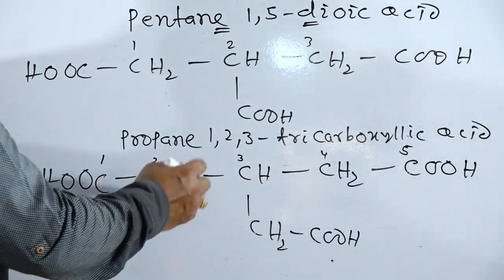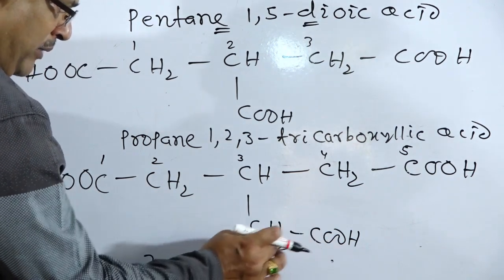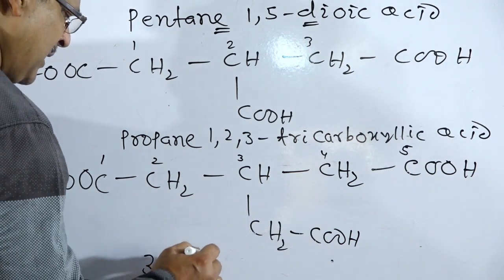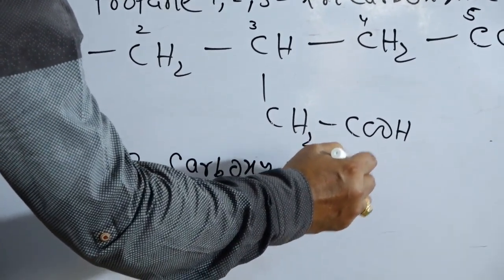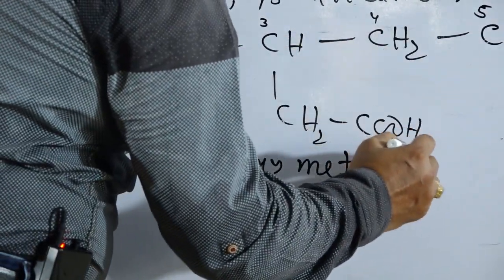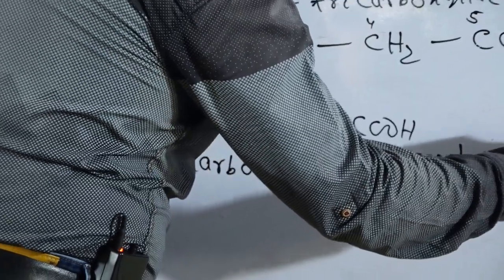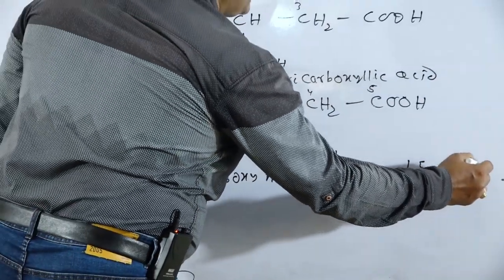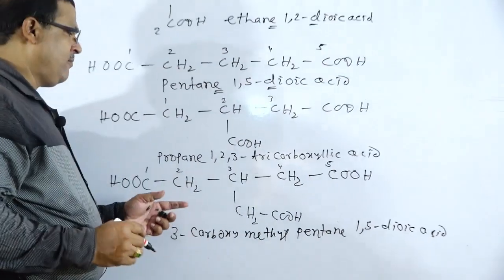Therefore, the name of this compound is 3-carboxymethyl pentane 1,5-dioic acid.